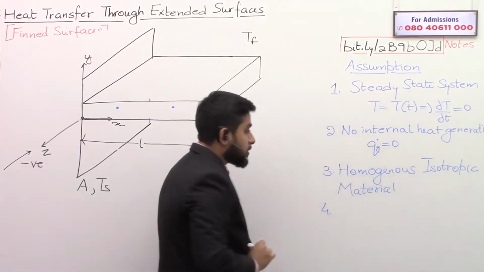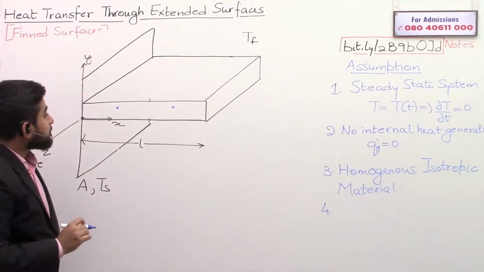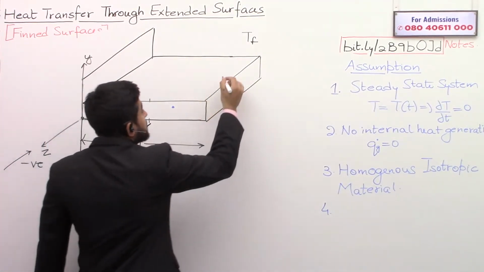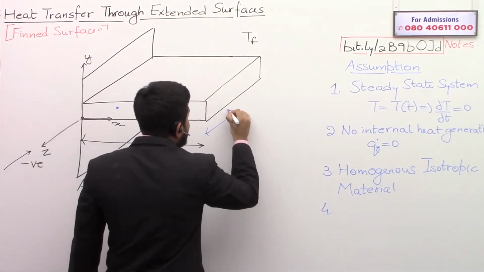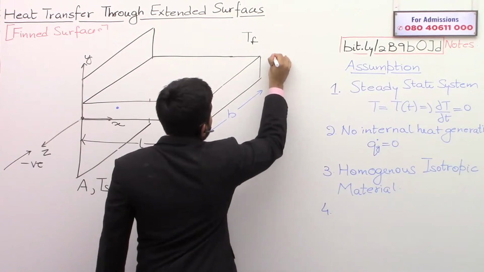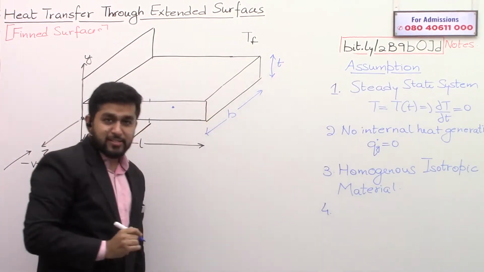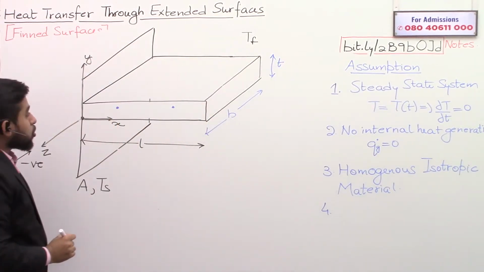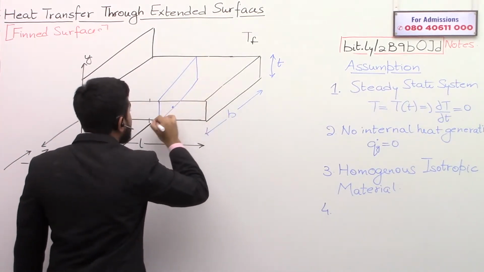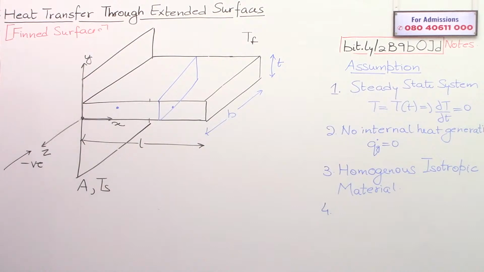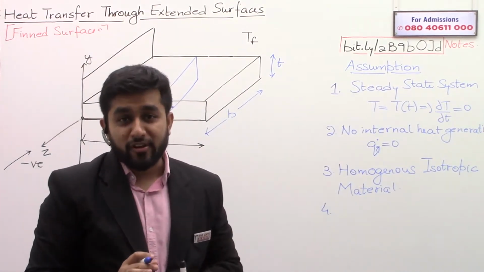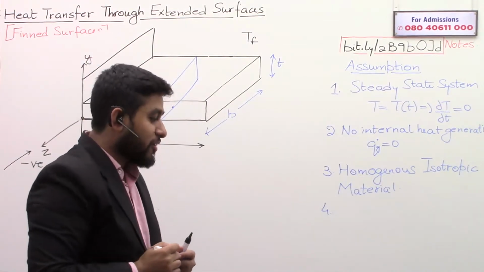Now, next point. If this is the length of the fin, then this side will be called B, the width, and this side will be called T, the thickness. This particular area, which is parallel to the plane of the solid surface, is called the cross section of the fin.